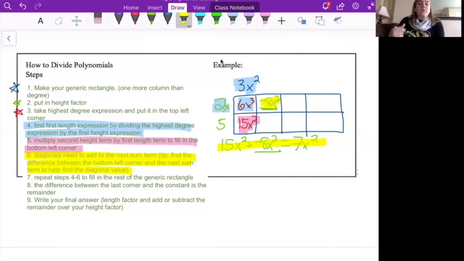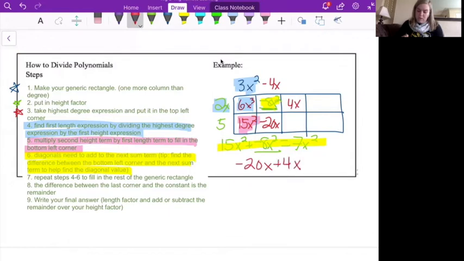And so then we repeat steps 4 through 6 to fill in the rest of the generic rectangle. And so we've already done this, so I'm going to continue to just rewrite this in negative 20. So then we know that this would be negative 4x, so then negative 20. And this would have to be 4x because negative 20x plus 4x equals 16.